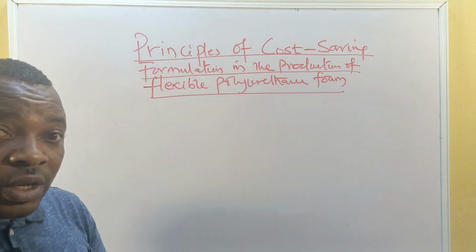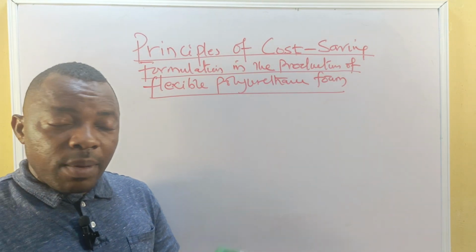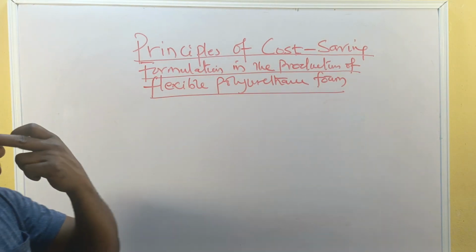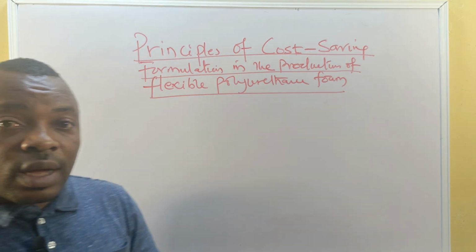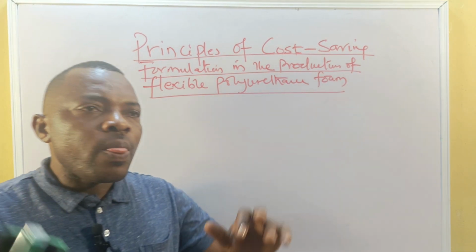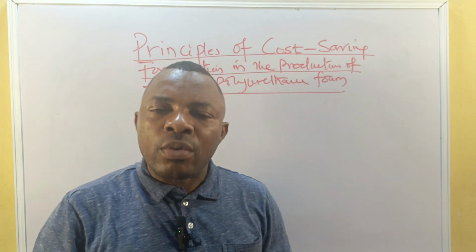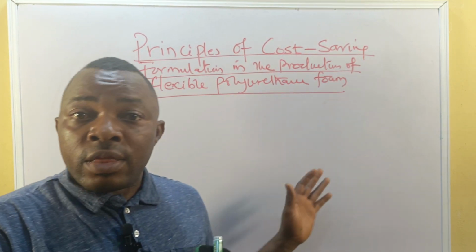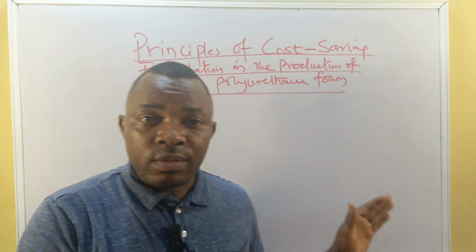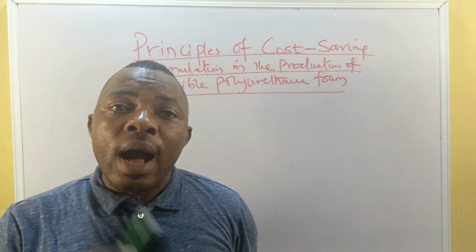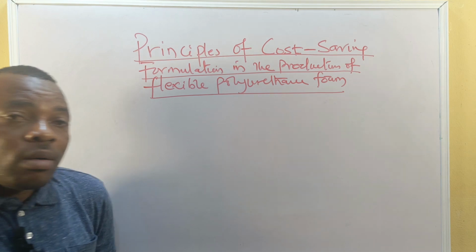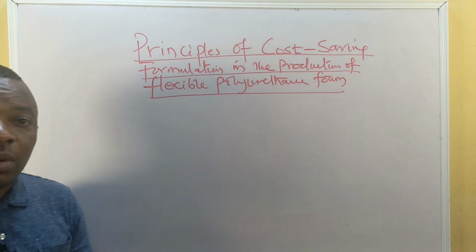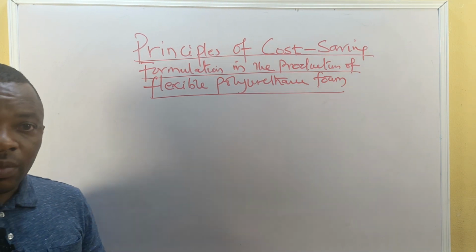And what is this formulation all about? But before I define what formulation is, let's critically look at this example. In the entire production process, it is not only in the foam industry, provided that you are converting raw material to a useful product, those products can be consumable or non-consumable.